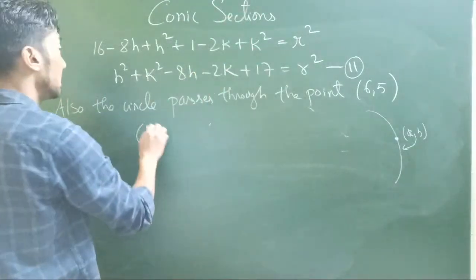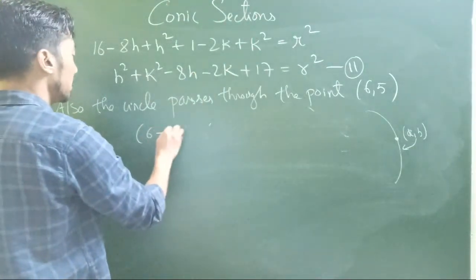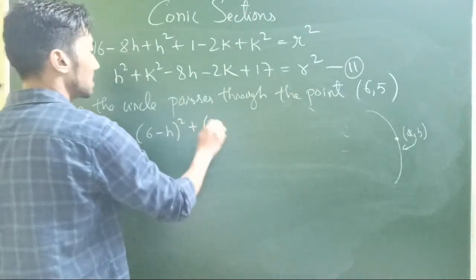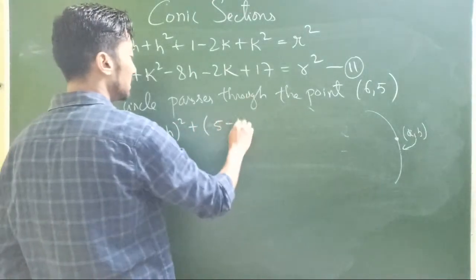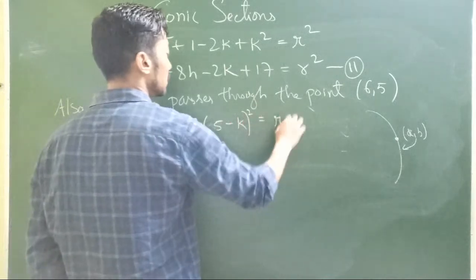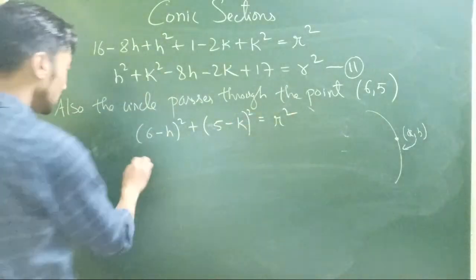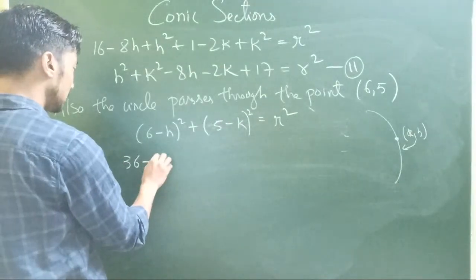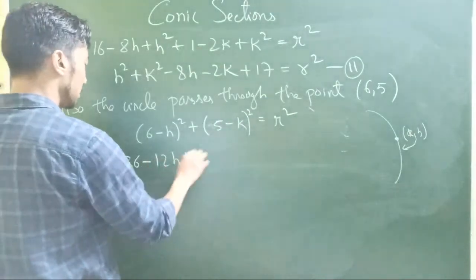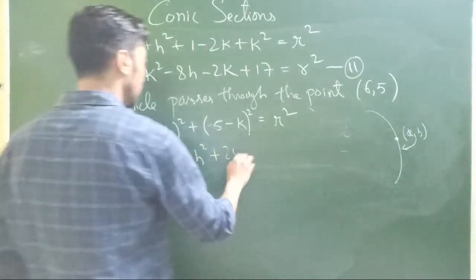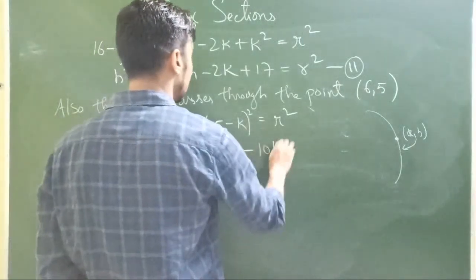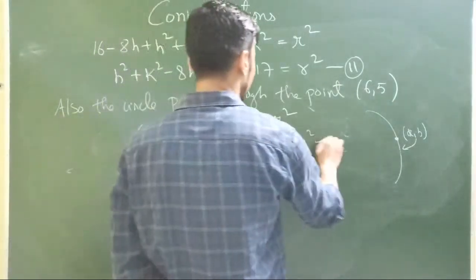So what was that? X, 6 minus h whole square plus y, that is 5 minus k whole square equal to r square. Again, this one also let's expand. So 36 minus 2, 6 are 12h plus h square plus 25 minus 2 5s are 10k plus k square is equal to r square.